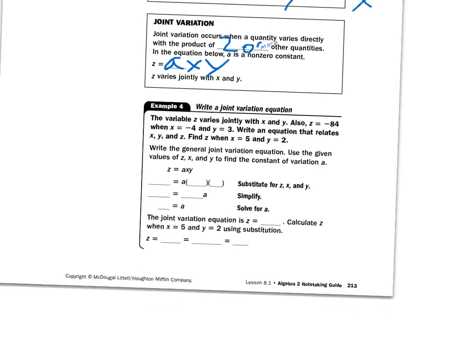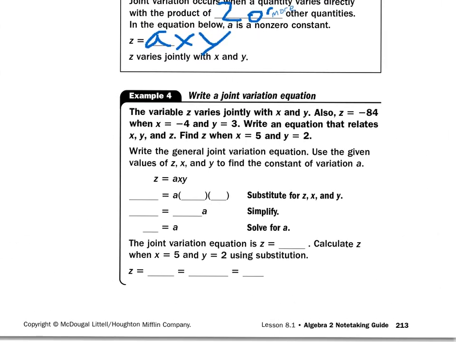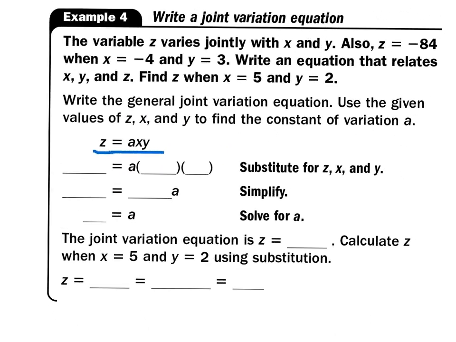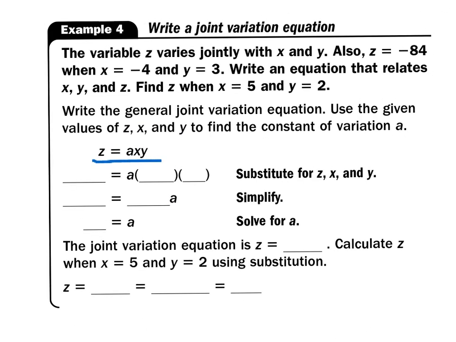All right, so let's take a look at example 4 here. In example 4, the variable z varies jointly with x and y, so right away, z equals axy.